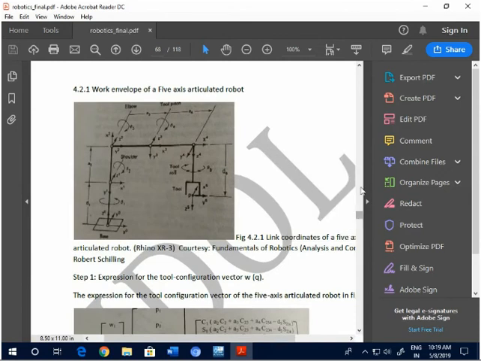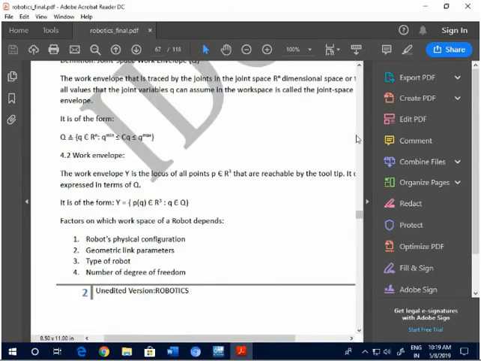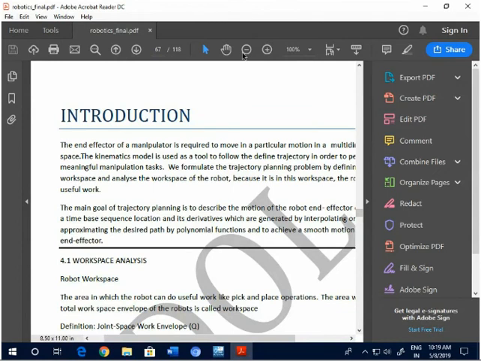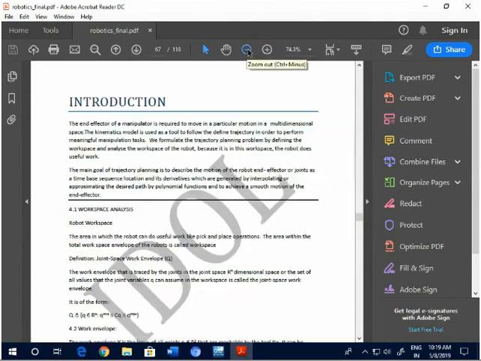These are the factors which are taken care of while calculating your robot workspace envelope. So here you can see in this PDF, after the definition, the joint workspace envelope.